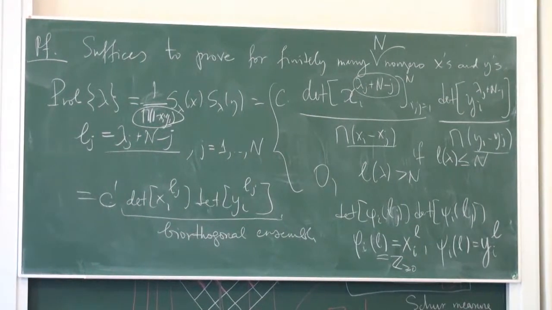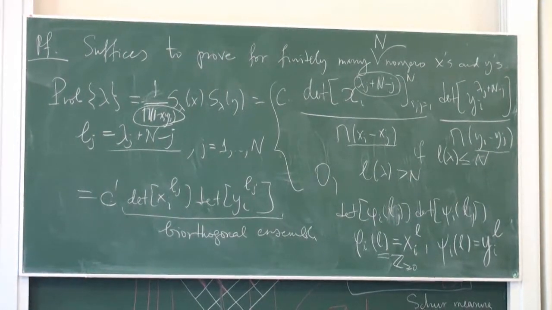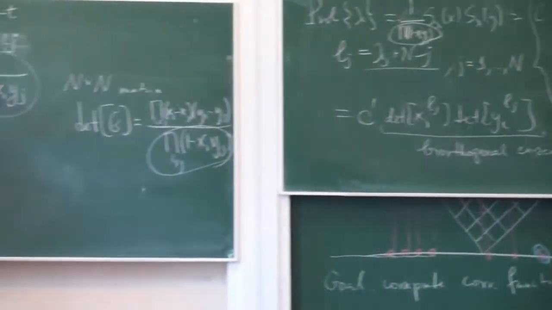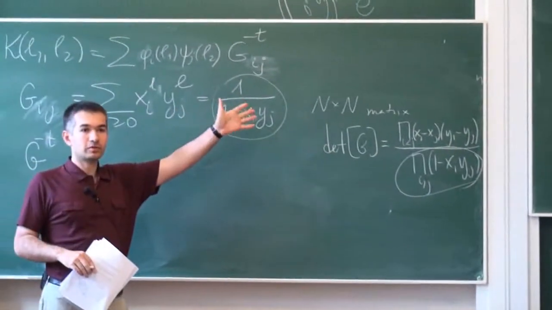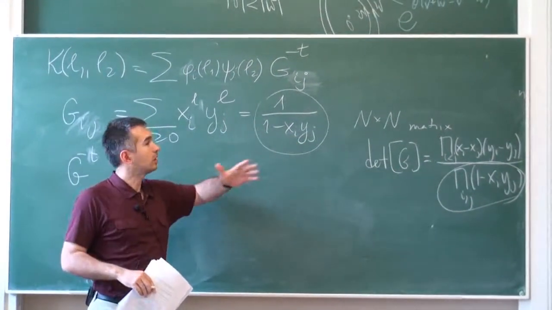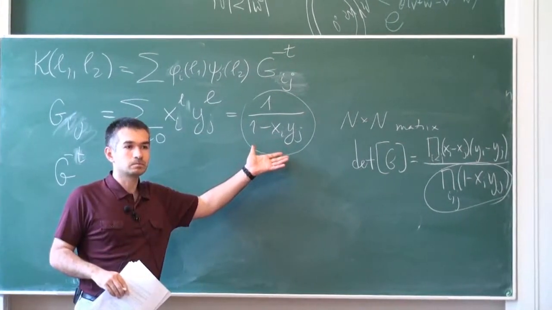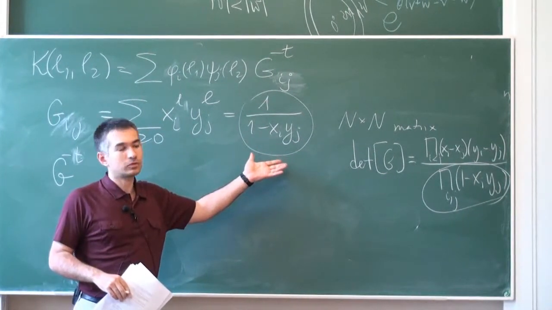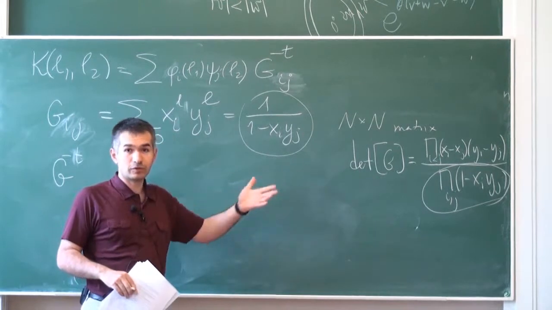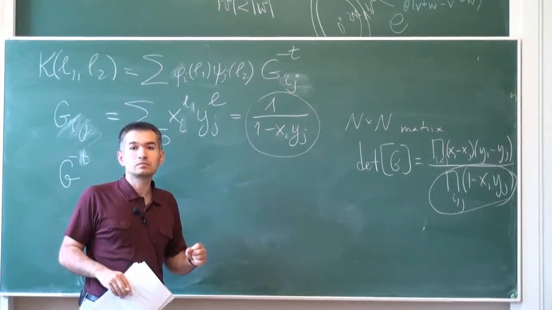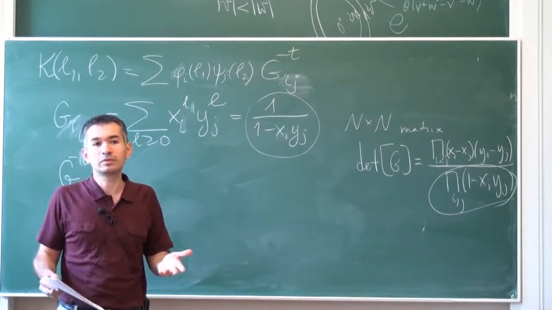Now the good thing about this matrix is that any submatrix of this matrix, if you pick finitely many rows and columns in the same number, is of the same form. So I can compute by the same formula the determinant of any submatrix. But that's all I need to compute the inverse.